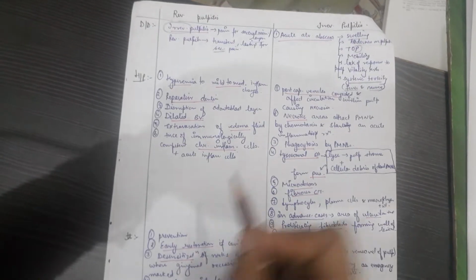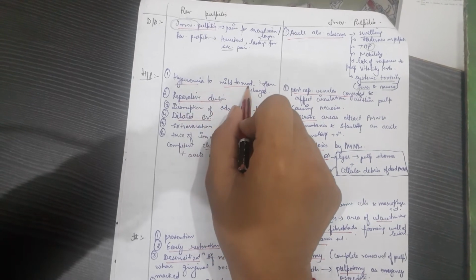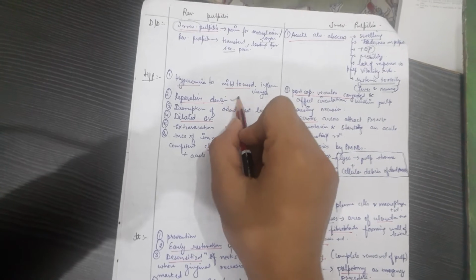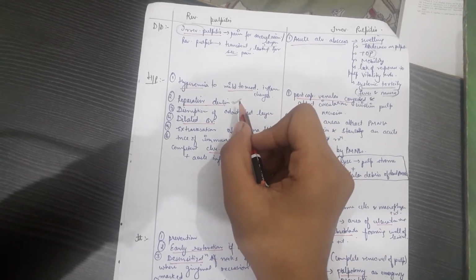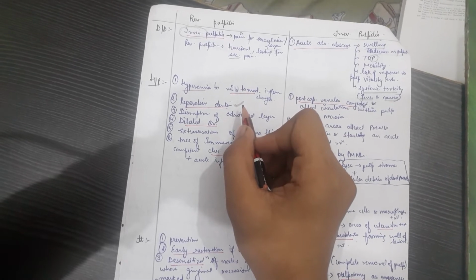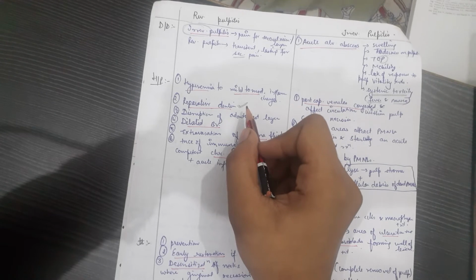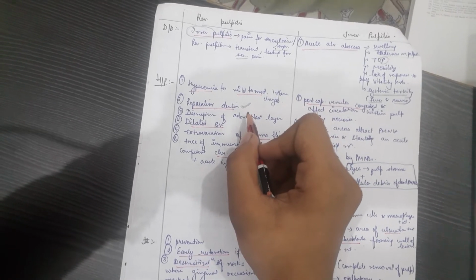Then histopathology. In histopathology of reversible pulpitis, hyperemia to mild to moderate inflammatory changes are seen. Reparative dentine formation, that is, formation of dentine by the stimulus to undifferentiated cells of pulpal tissue to form new dentine, is known as reparative dentine.